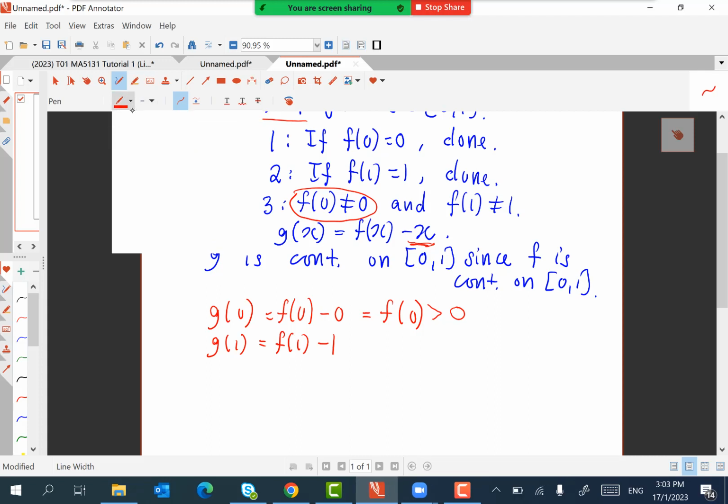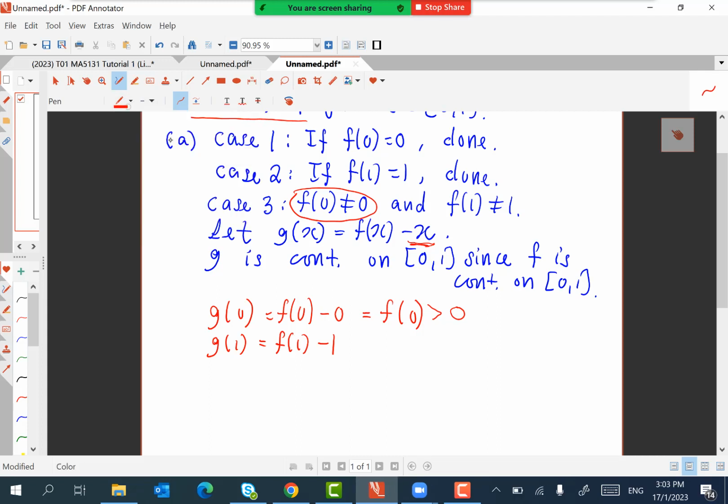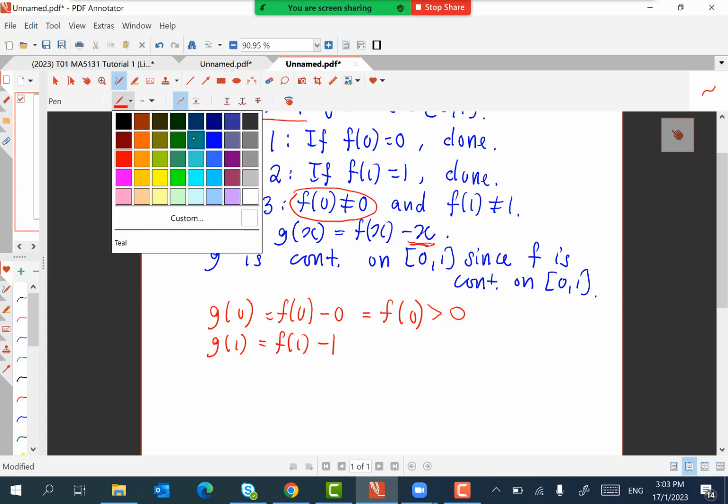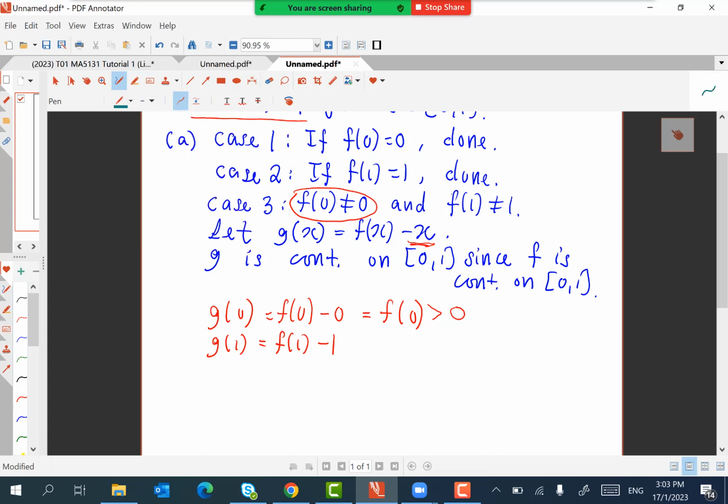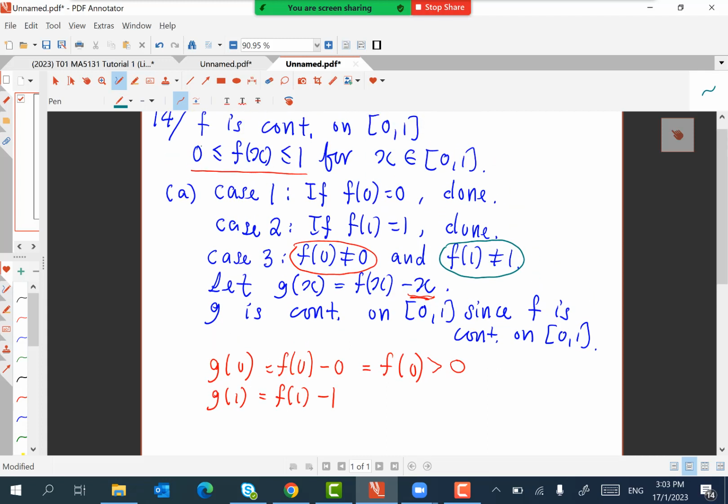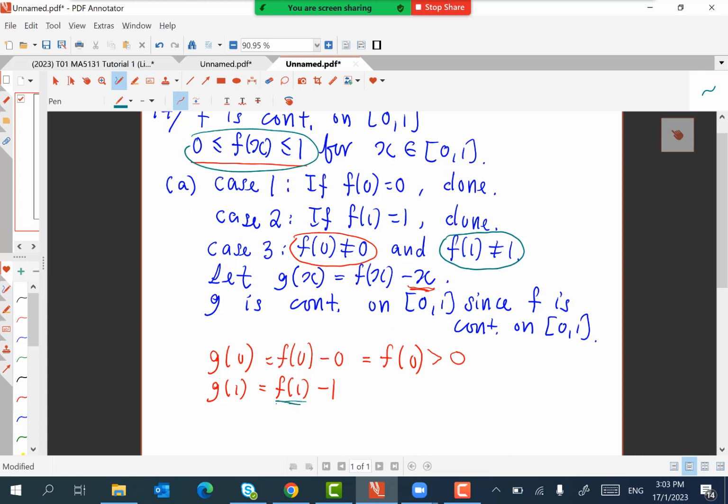What you notice about g(1) is that f(1) is not 1, and because it's not 1 and the fact that f(x) is between 0 and 1, that means f(1) is less than 1.